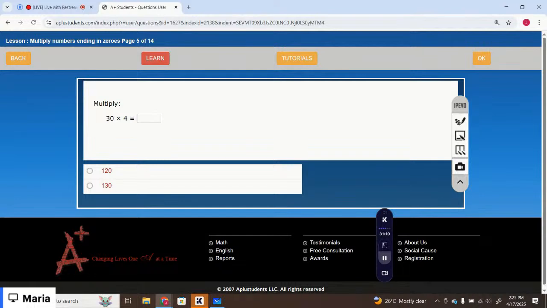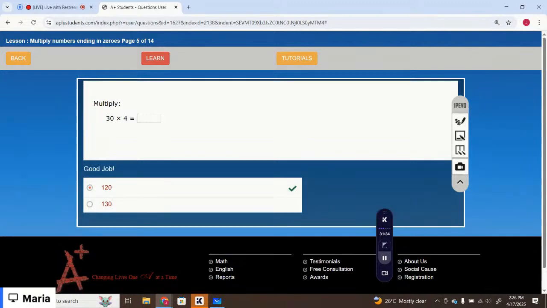So which is the correct option? 4 times 3 is 12. That is 120. Option number 1 is the correct option.